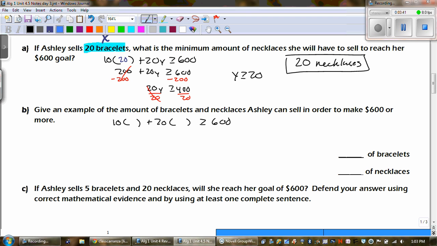So I'm going to test the point (10, 40). I'm going to plug in my 10 and my 40. 10 times 10 is 100 plus 20 times 40 is 800, and 100 plus 800 is 900. Is that greater than or equal to 600? It sure is.